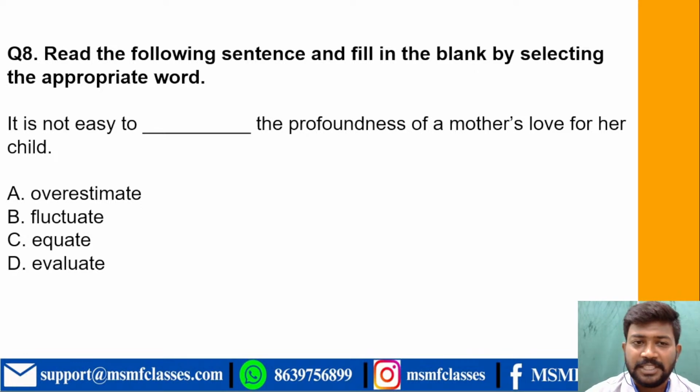Yes, option C is the correct answer because according to the context, they are asking it is not easy to equate the profoundness. Here we are not evaluating, we are not finding anything. So evaluate is the wrong answer.